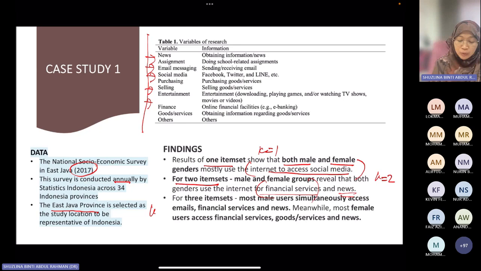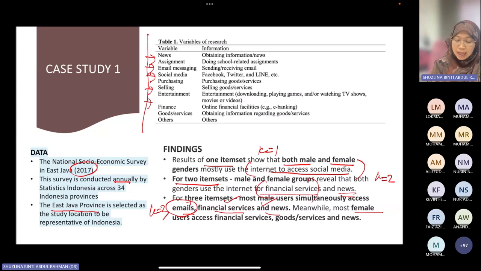With K equal to 3, they found that most male users simultaneously access emails, financial services, and news. So with the addition of emails here, financial services and news are under K equal to 2, but with K equal to 3, they further found that males prefer reading emails. Whereas for the female, instead of emails, they look at goods and services on the internet. These are some of the findings in that study.